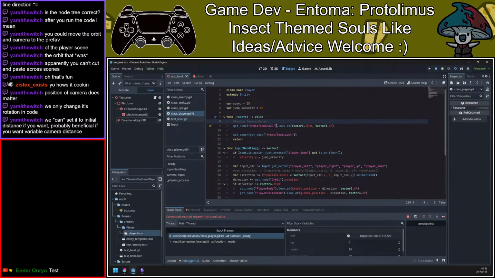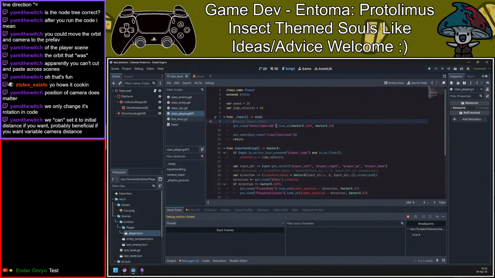I mean, it's starting to feel like if you can do something through code, it's oftentimes better to do it through code, just so you have direct control of everything. It's just, then you have to actually manually manage everything. Would there be any merit to just giving the camera its own class?